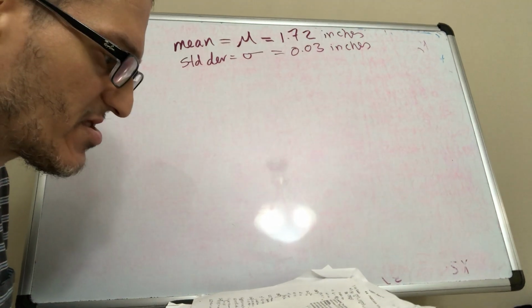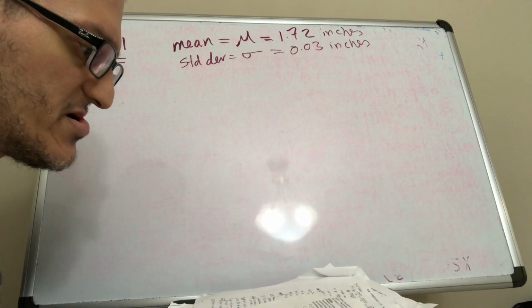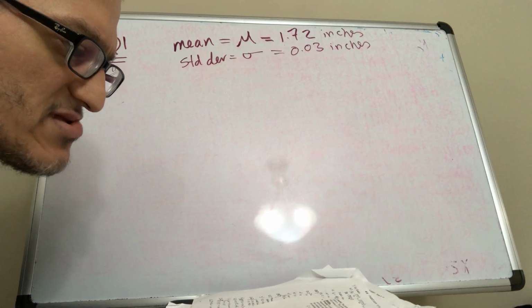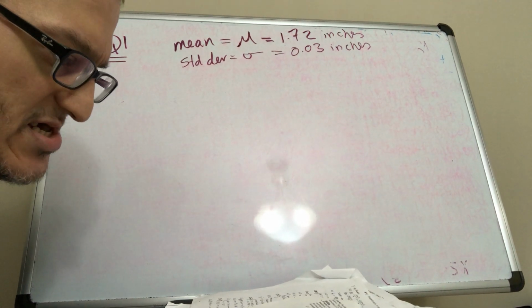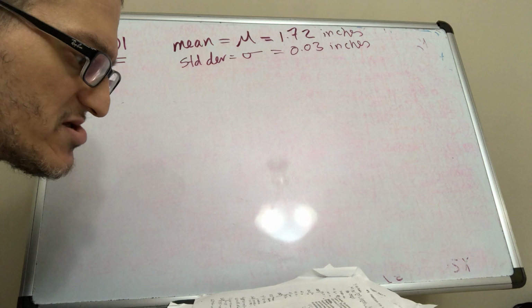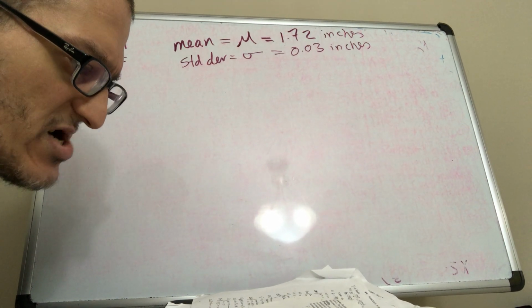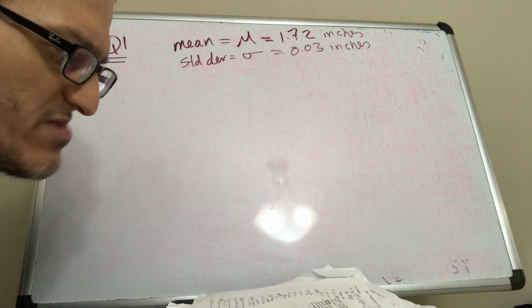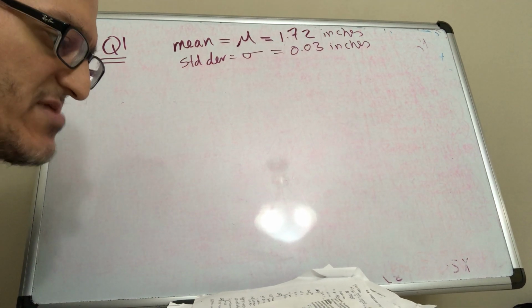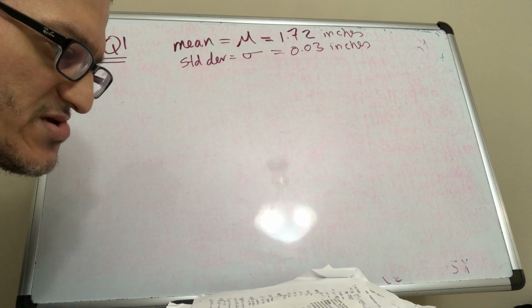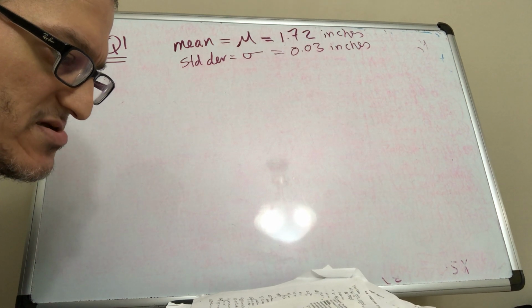Now, according to the club, the diameter must not be below 168. For a particular manufacturer, golf balls below 168 will be scrapped. For this manufacturer, profit drops dramatically if the percentage of scrap exceeds 10%.